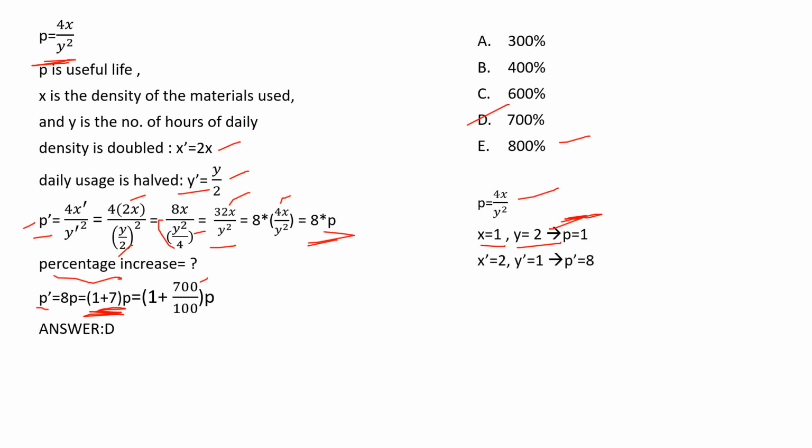Now we're told that x, that is density, is doubled, so 1 becomes 2, right? 2 into 1, and the number of hours of usage daily is halved, so 2 becomes 1, right? 2 by 2. And so now new P dash is 4 times 2 divided by 1 square, that is 8. So what is 8? 8 is nothing but 700% increase from 1.